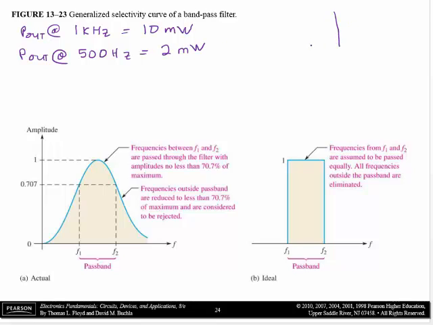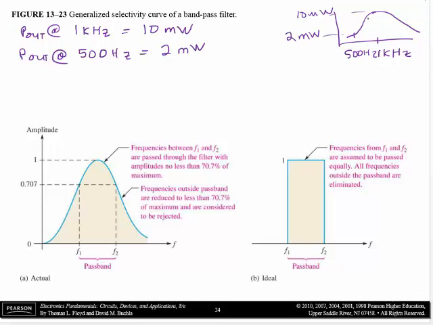So if I were to draw a picture, I have 1 kHz right here, and I'm outputting 10 milliwatts right here. And I know it's some kind of a passband filter that's occurring, but I'm saying that at 500 Hertz, I'm down to only 2 milliwatts.